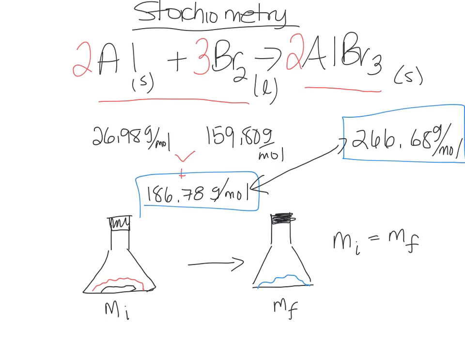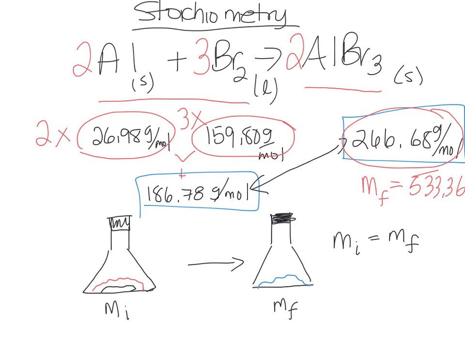Okay, now, if we take this molar mass and multiply it by 2, what do we get? You're taking the molar masses of our substances and we're multiplying them by the coefficients from the balanced chemical equation.